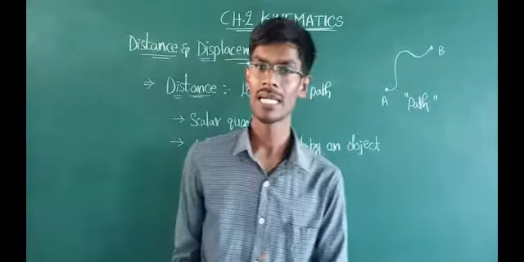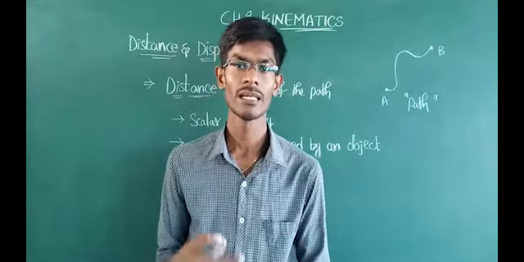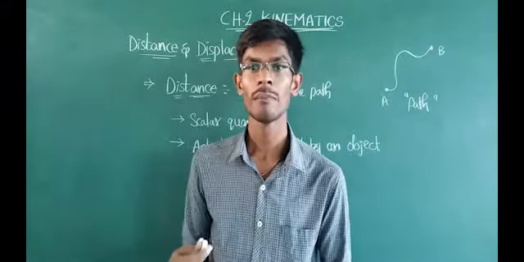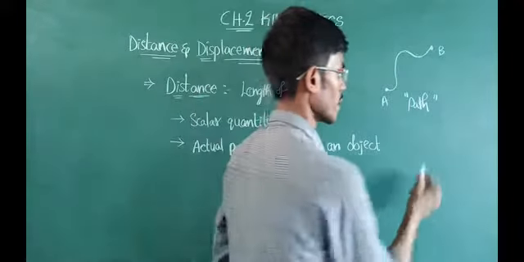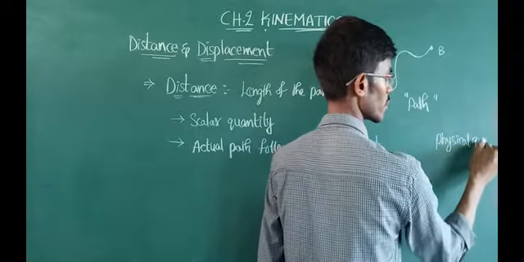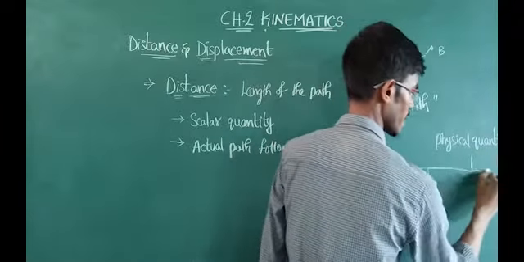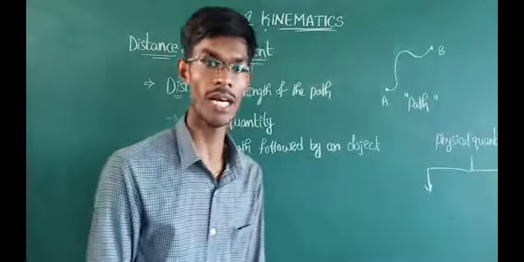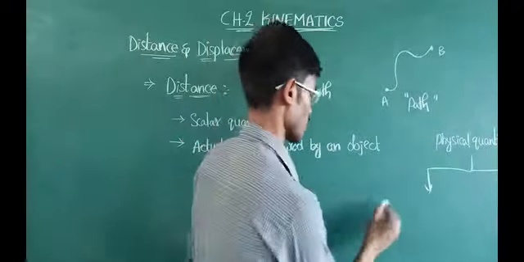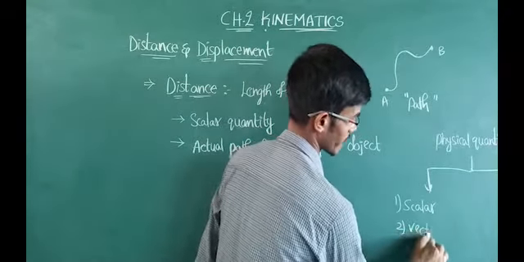See, in our measurements topic that we have learned, based on the nature, the physical quantities have been classified into different categories. Based on the magnitude and direction, the physical quantities have been classified into 2 categories: one is scalar and another one is vector.